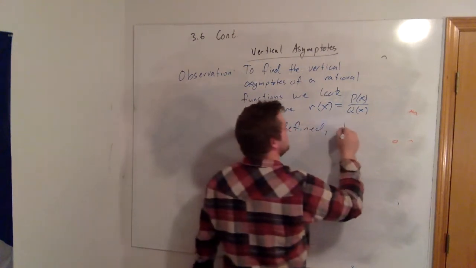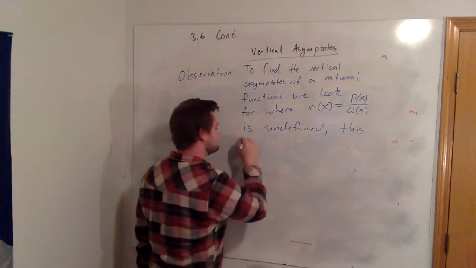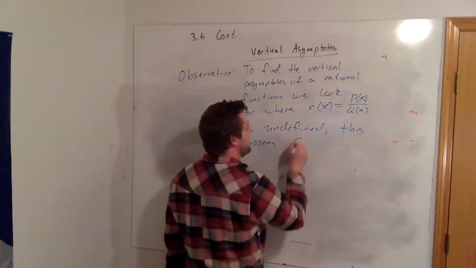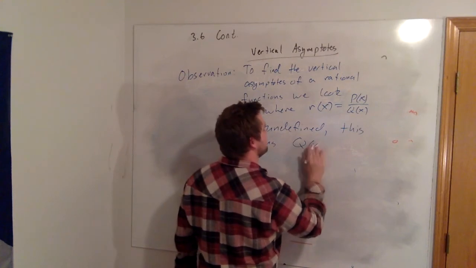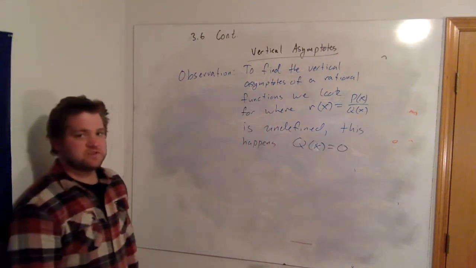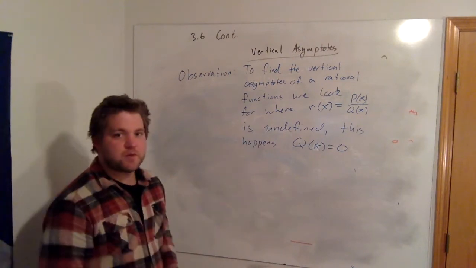This happens when we divide by 0. This happens when the denominator is 0. So this is our observation. We're going to look for where the denominator is 0.